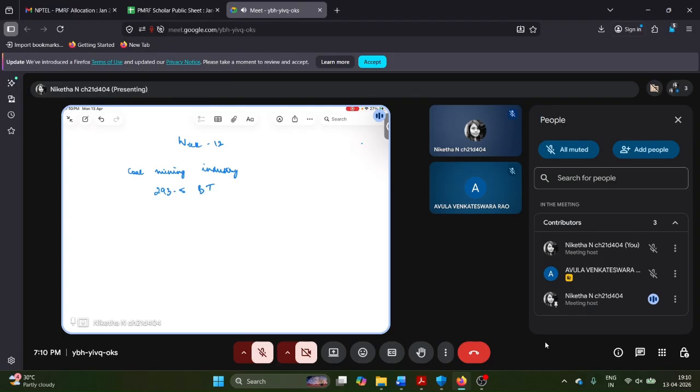But most of this coal has low sulfur content, which is good because we would be generating a lot of sulfur dioxide if it had a lot of sulfur content. But the coal that we have in India is high in ash content. So if ash content is high, then we will be generating a lot of fly ash.